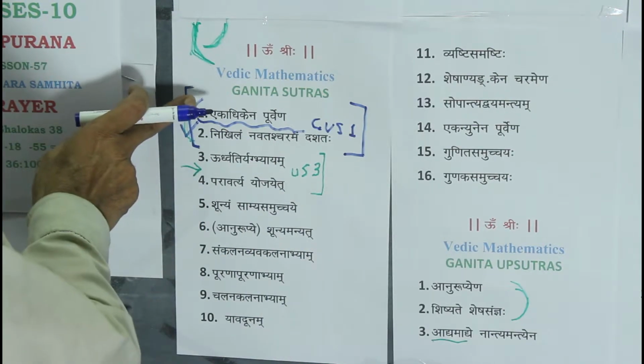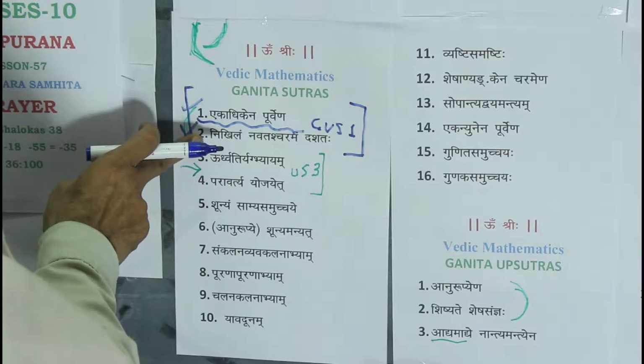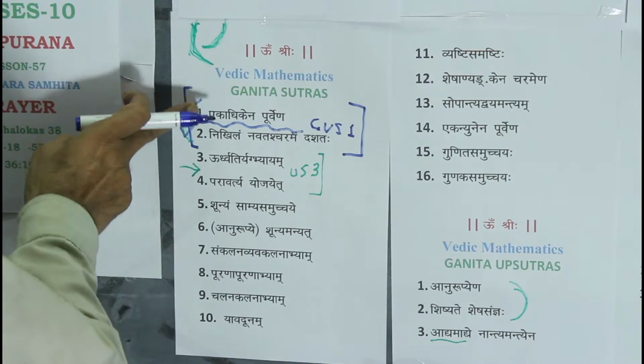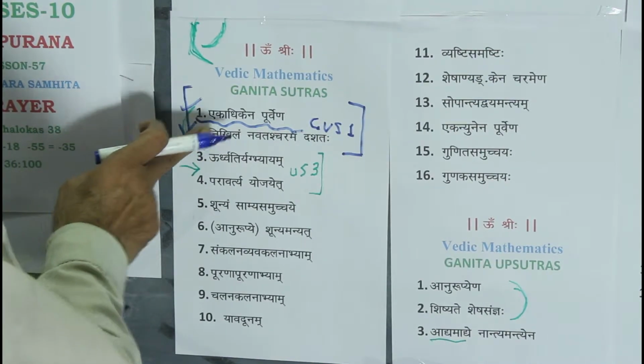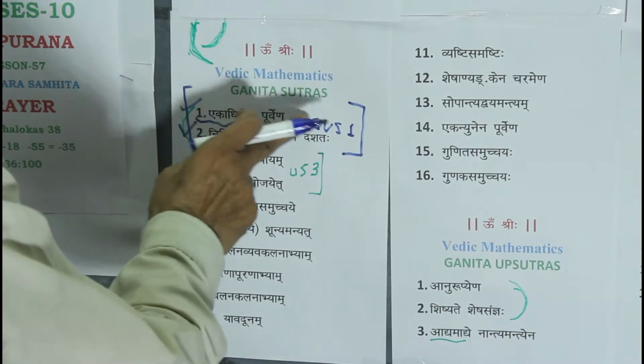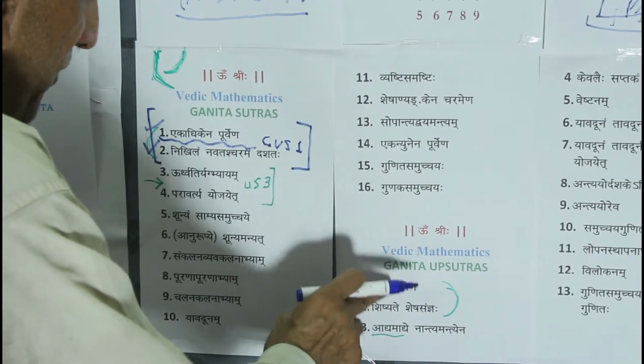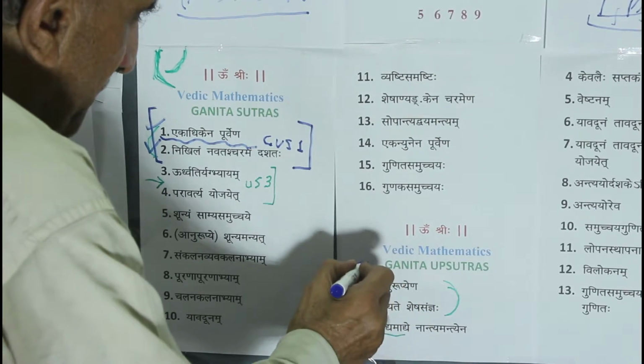So, Ganita Sutra 1 to Ganita Sutra 2 as a transition from dimonad format to trimonad format is being attained with the help of the mathematics of Ganita Upsutra 1, which itself is a monad.